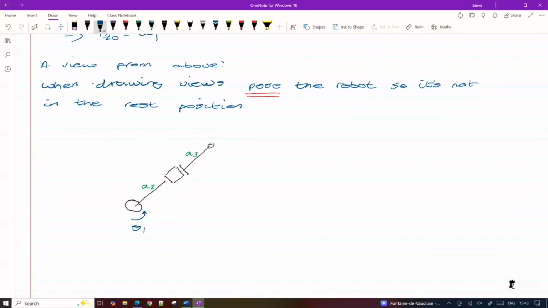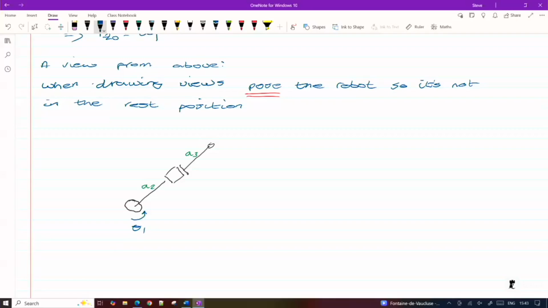So normally you look to draw the system so it gives you an angle that's neither 0 or 90, somewhere in between, that gives you room to play as you introduce the triangles to come up with a final solution. Okay, so you have to be careful when drawing out your robot posed not to introduce any kind of 90-degree angles. So you don't want anything aligned with either the x or the y or the z axis, for example.